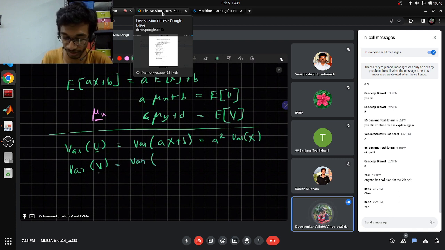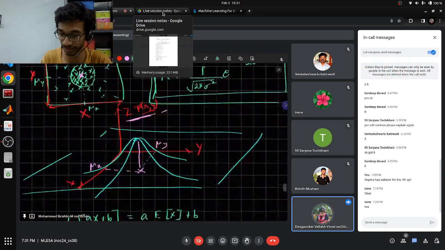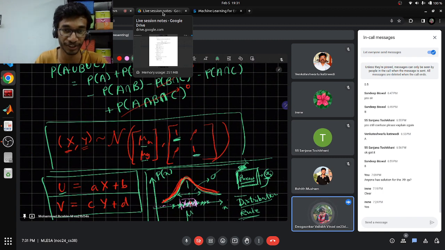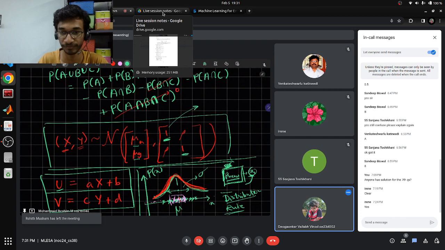And when you are calculating the variance of v, which is cy plus d, it becomes c square times the variance of y. And in this matrix, these are the variance terms for a normal distribution. So maybe the covariance matrix concept, was it familiar, or should I go through that once?